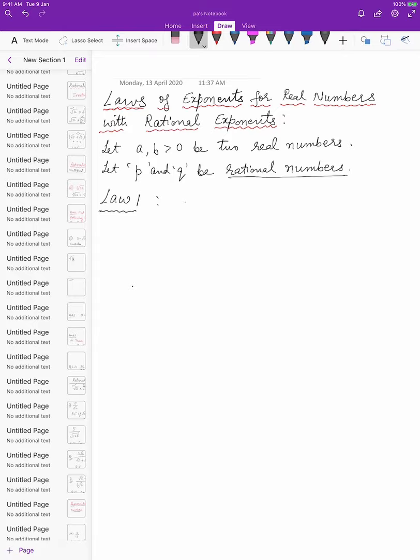It says a raised to the power p multiplied by a raised to the power q gives us a raised to the power p plus q. This law you are already familiar with: if the bases are the same in multiplication, the exponents get added.